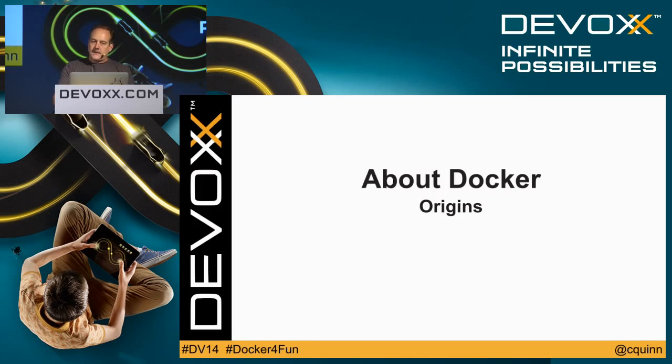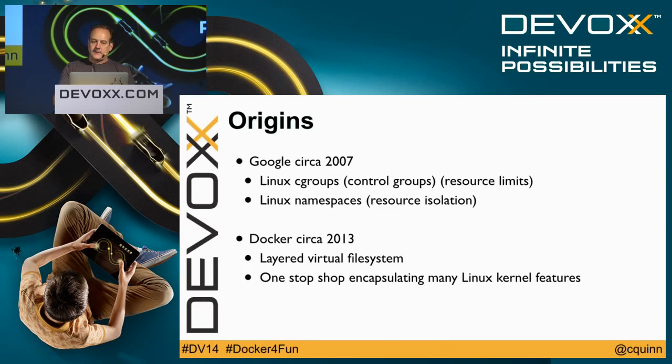So a little bit of a history segue for a moment. Google was the first to really start to play around with containers, and that was process groups, or cgroups, they're called now, control groups, and resource isolation. And this is how Google does their big Borg and Omega data center management. They run everything they do in Linux containers.